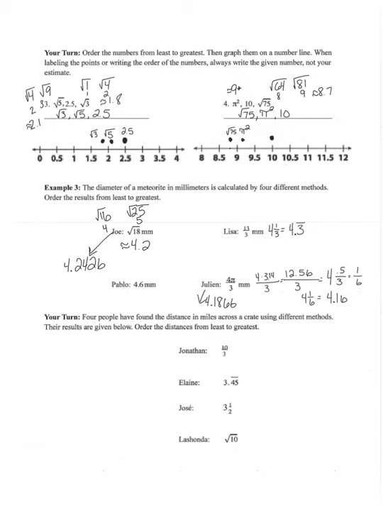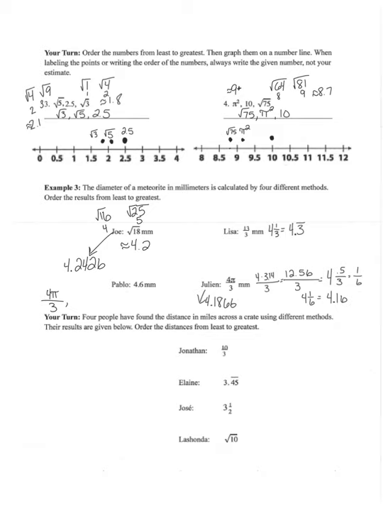So looking at these from least to greatest, I can see that Julian, 4.16, or even in the actual answer being 4.1866, we would put that as the least value, but we're going to write it in the form that it was given. So 4 times pi over 3.